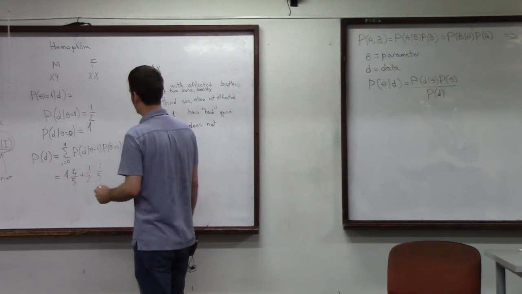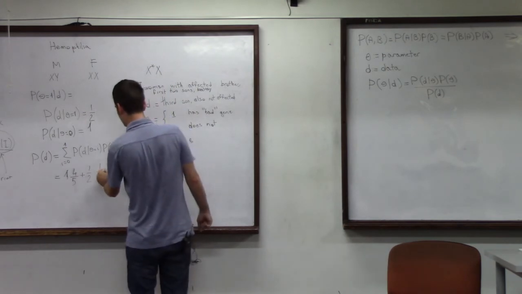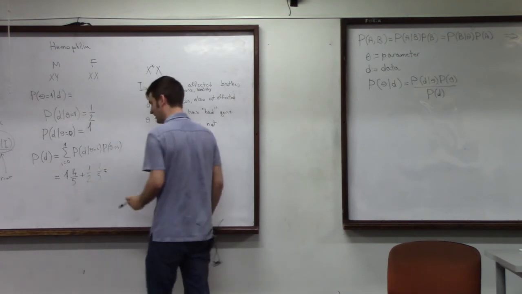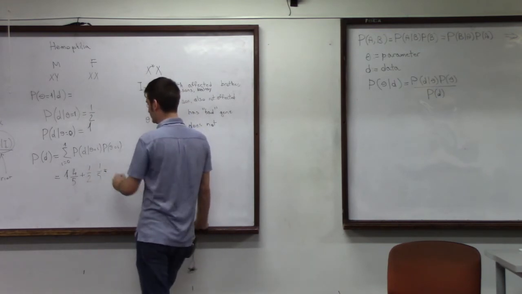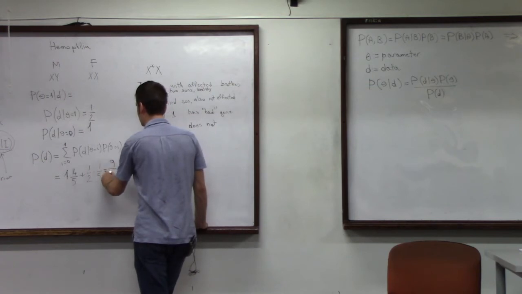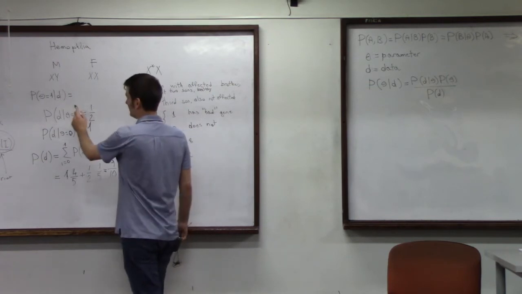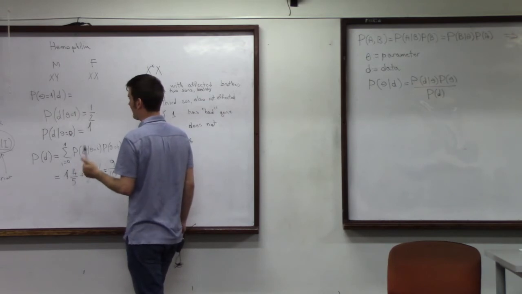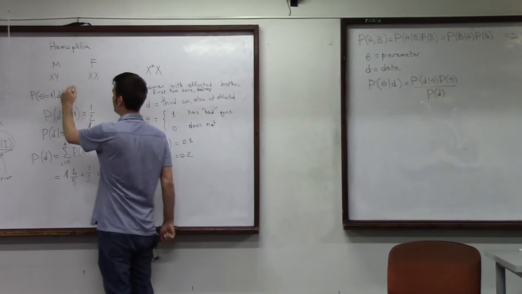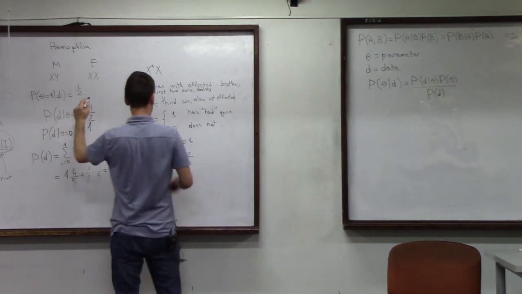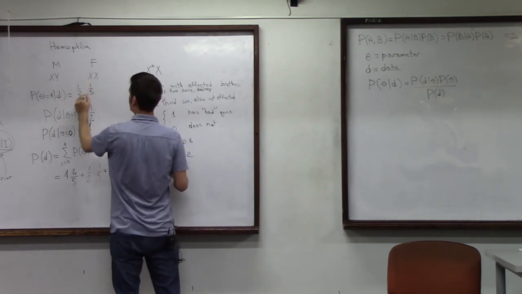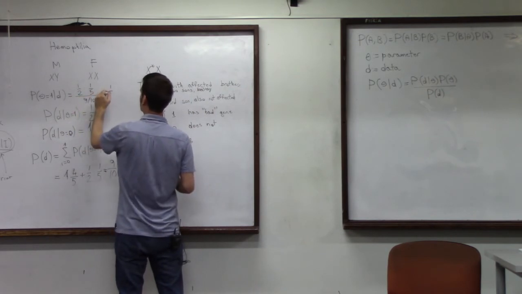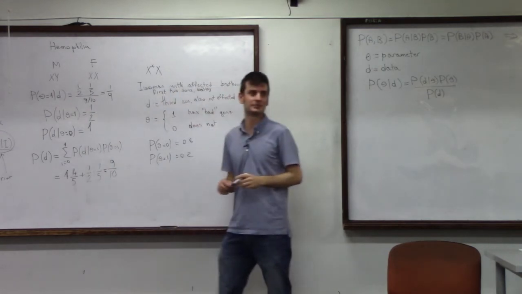So this becomes 8/10 plus 1/10, 9/10. And here we've got this term, 1/2 times the prior, 1/5, divided by 9/10, which is 1/9.